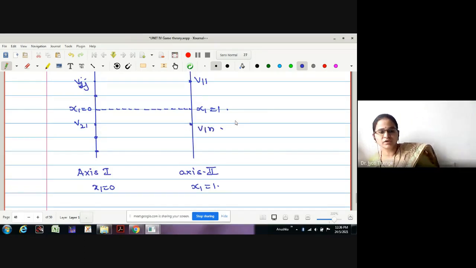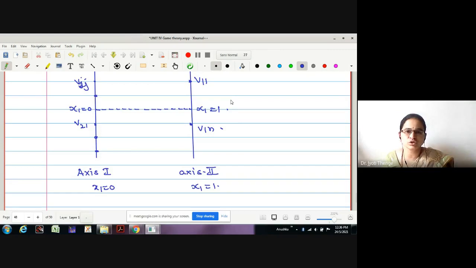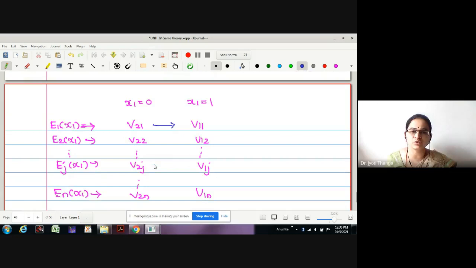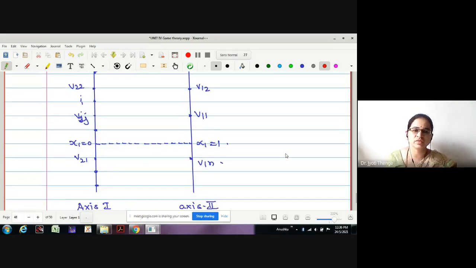Now we are going to join the lines. The first line joins V21 and V11. On x1 equal to 0, I will mark V21, and on x1 equal to 1, I will mark V11, and we join these two by a straight line.